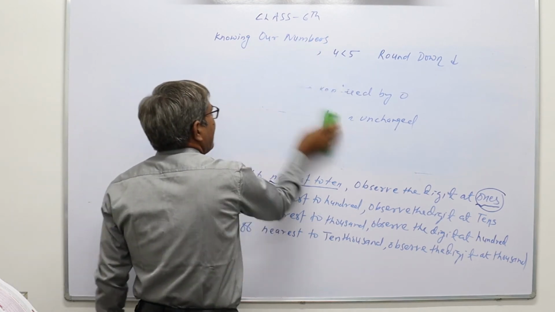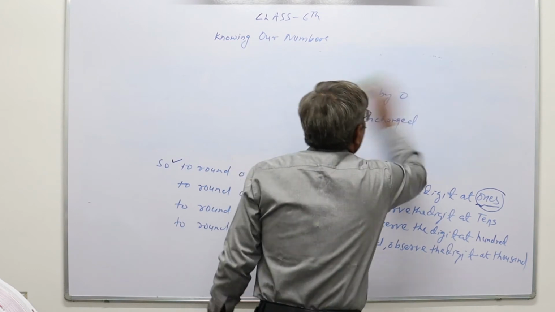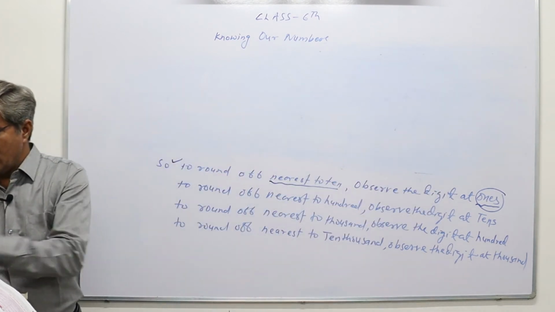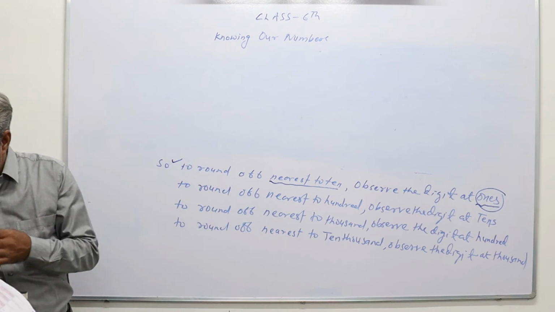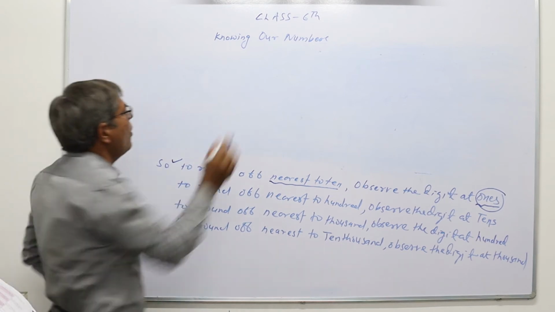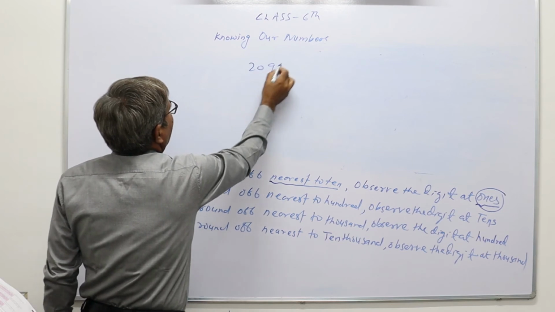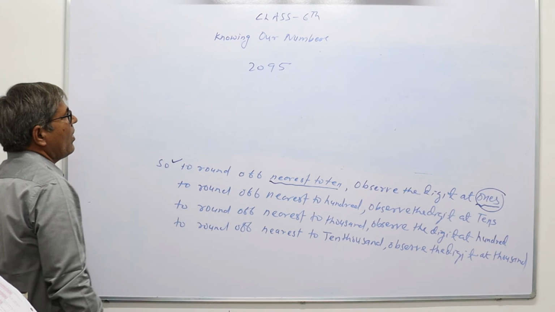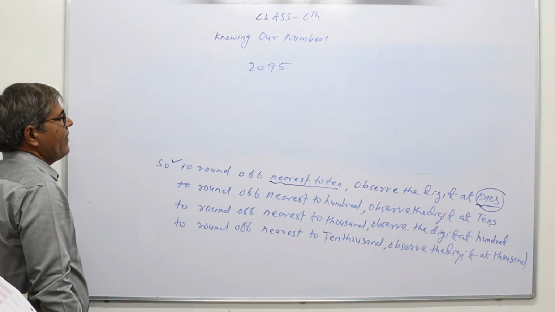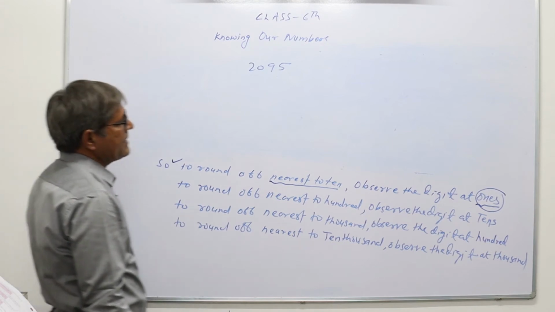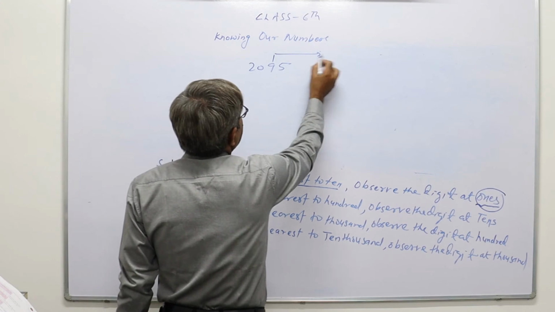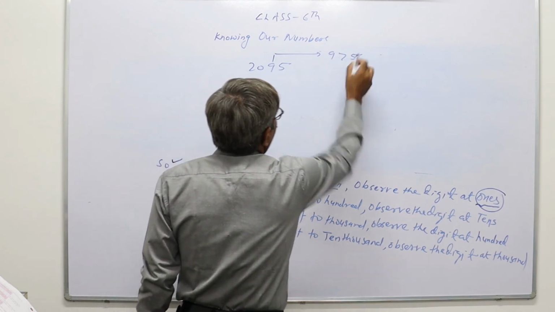Round off the number 2095 nearest to 100. To round off 2095 nearest to 100, first we will observe the digit at tens place. Here the tens place digit is 9, which is greater than 5.